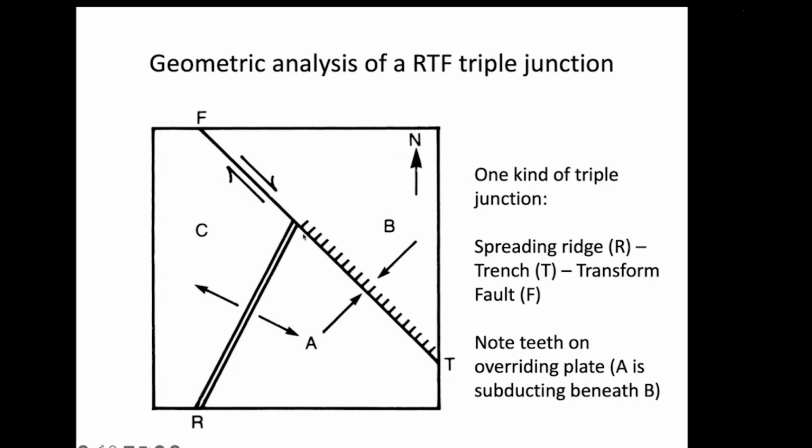And then this is the trench or the convergent margin, and these little teeth are on the overriding plate. So A is subducting beneath B, and the relative plate motions are there.